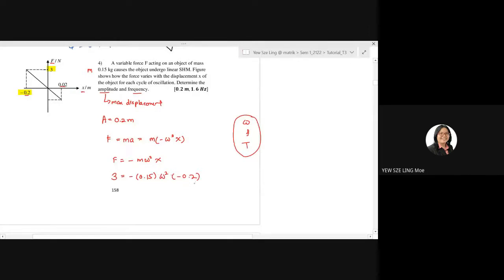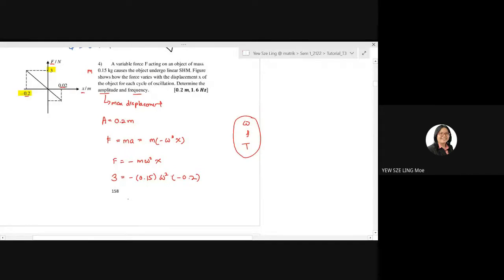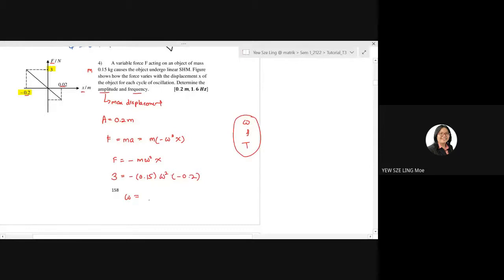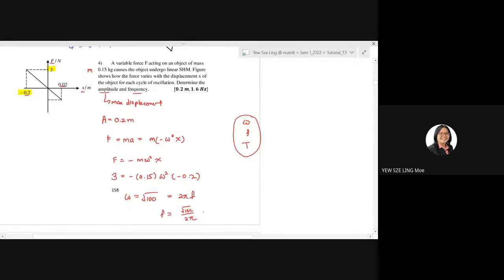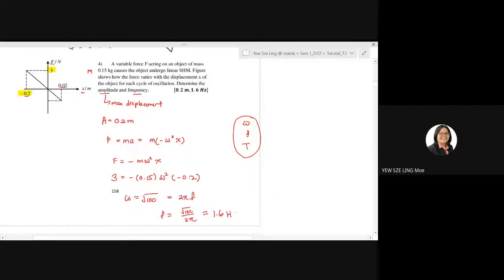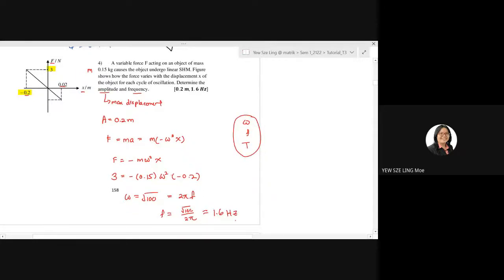Rearranging, omega is equal to the square root of 100. Omega is also equal to 2 pi f, so f is equal to the square root of 100 divided by 2 pi, which is 1.6 hertz. That is the answer for question 4.